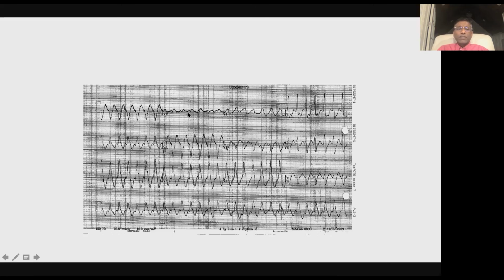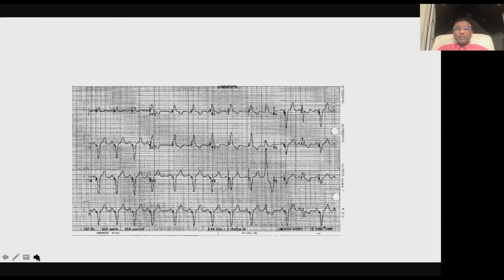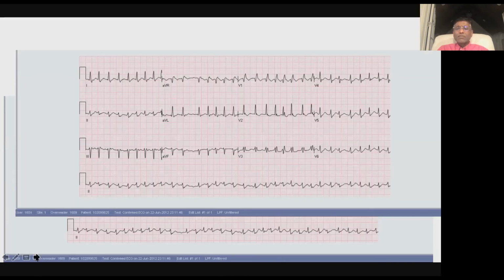And when you look here in the AVR criteria, you have an R, S, R prime, like that, most likely. And again, a little bit atypical looking compared to the usual AVR criteria. To those, the rhythm was VT. This patient had an underlying pacemaker as well. Paced rhythm there.